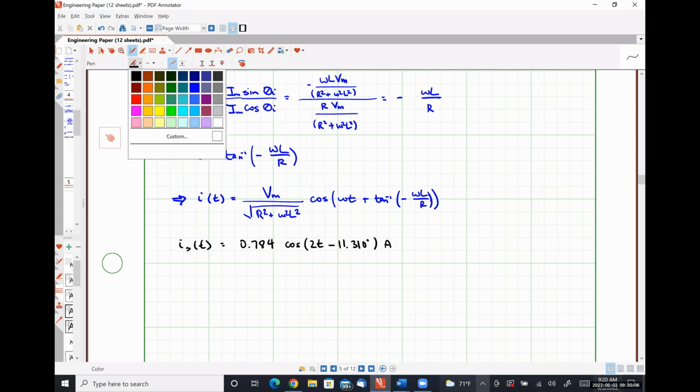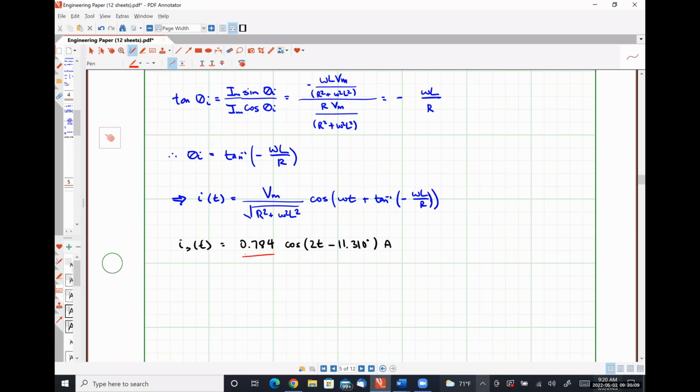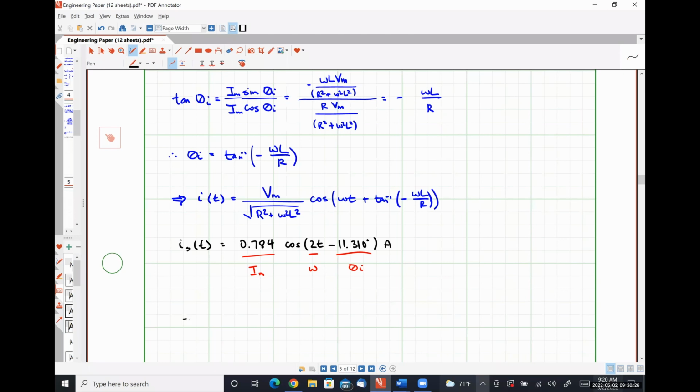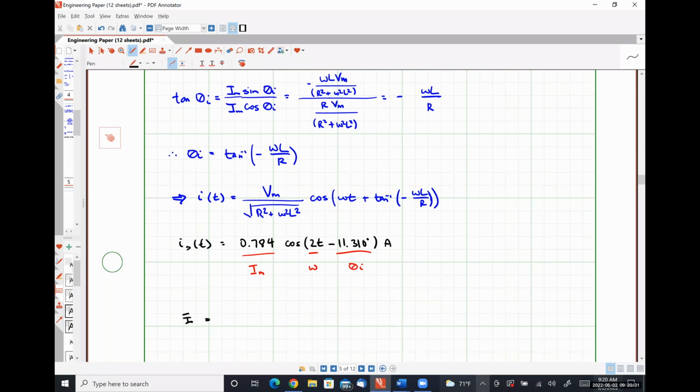So we have our amplitude IM, our frequency omega, and our phase angle theta I. I would argue that we could write I as a complex number as IM e to the j omega t plus theta I, and it would contain the exact same amount of information, right?